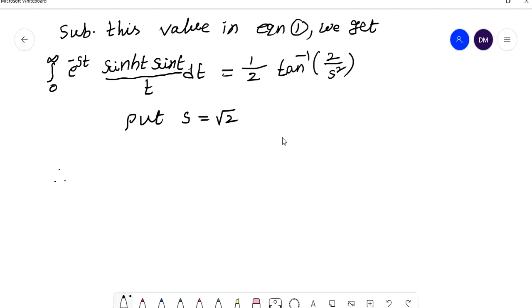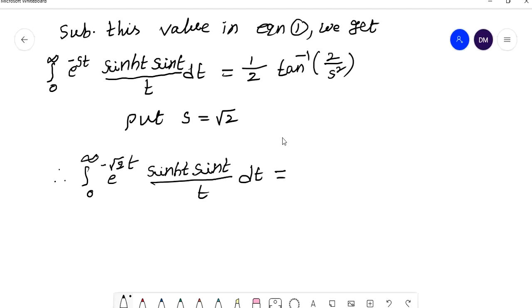Therefore, integral 0 to infinity e power minus root 2 t into sin ht into sin t by t into dt is equal to 1 by 2 into tan inverse of 2 by root 2 whole square.